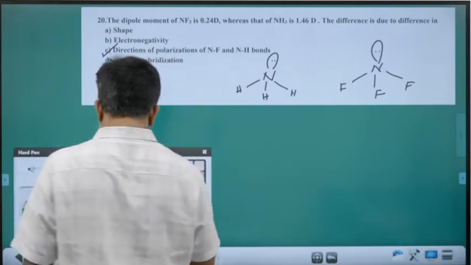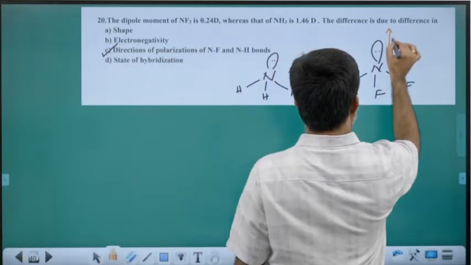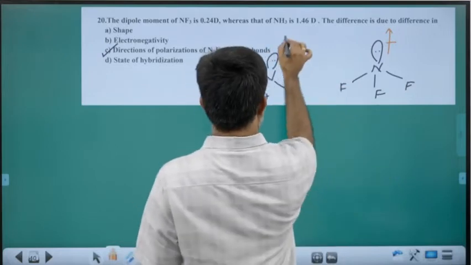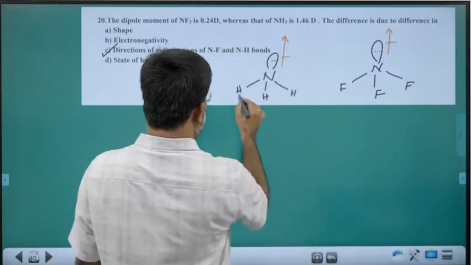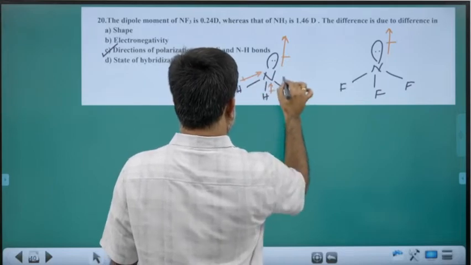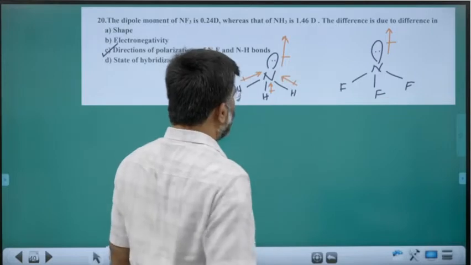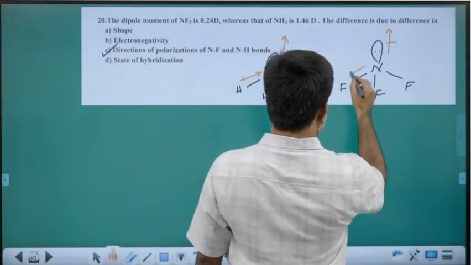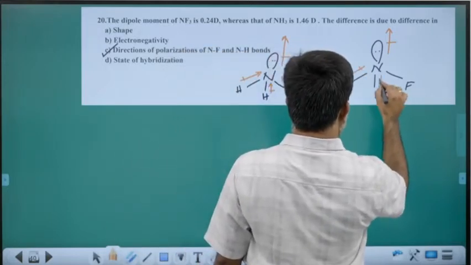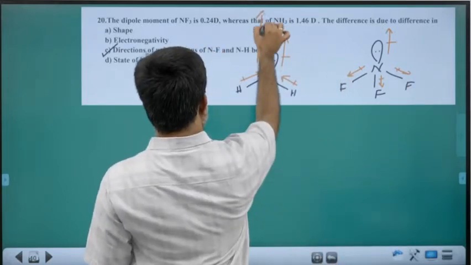Always the polarity of the lone pair is away from the central atom. Now here, with hydrogen, the polarity is in this direction. Now you see all polarity in one direction, while here, being fluorine, it is in the opposite direction.